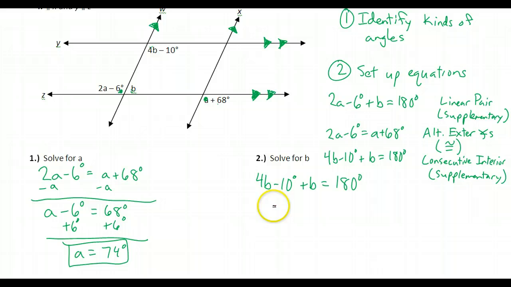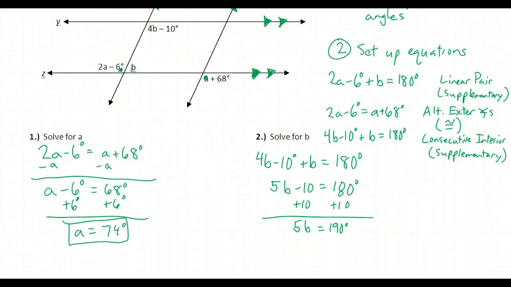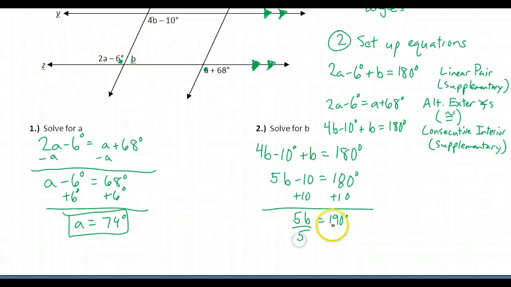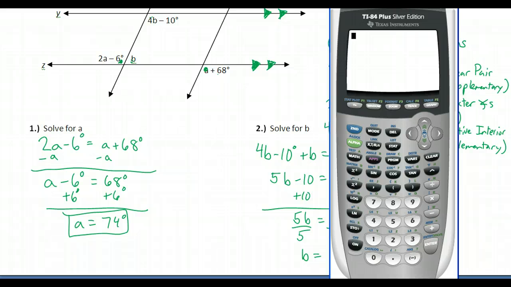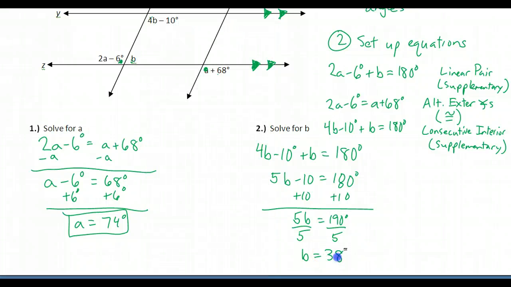Solve for B. Combine my like terms. Undo what's happening to B. And isolate B. 190 divided by 5 is 38 degrees.